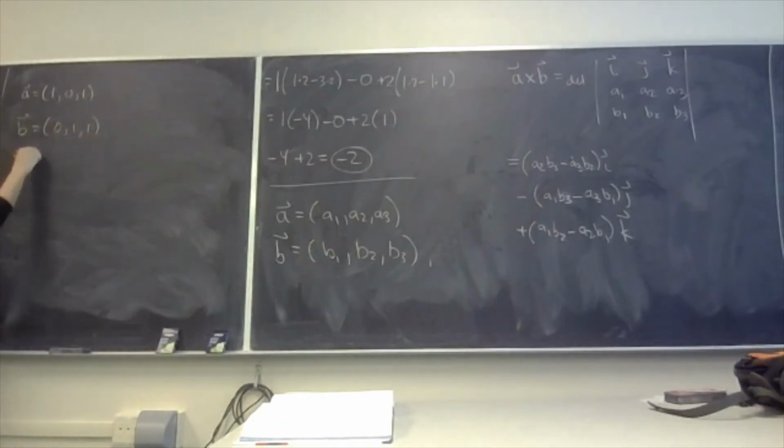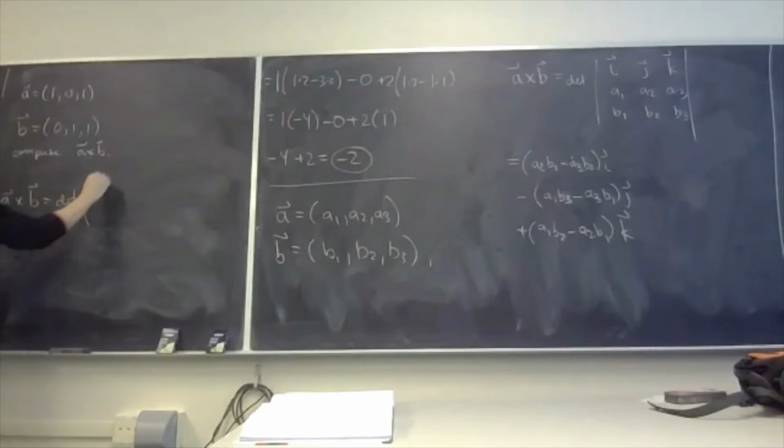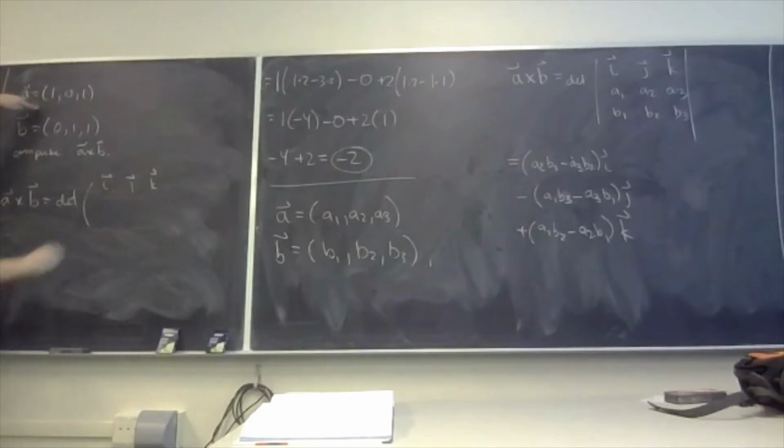Then we'll compute A cross B. So A cross B is the determinant of I, J, K, and then you put the entries of A into the matrix, and you put the entries of B into the matrix, and now you compute a determinant.